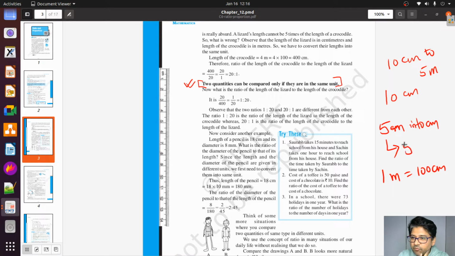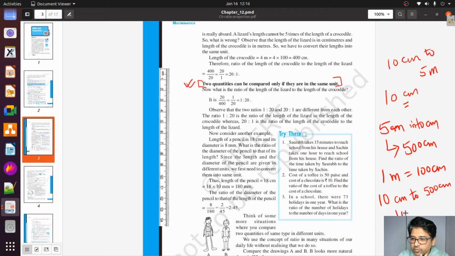So this will be 500 centimeter. Then we can compare 10 centimeter to 500 centimeter.